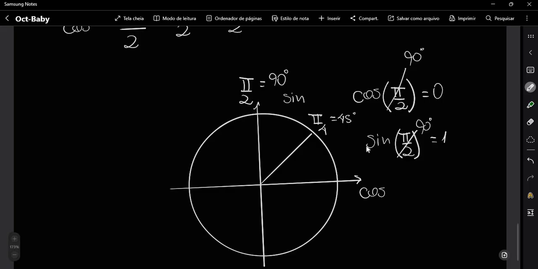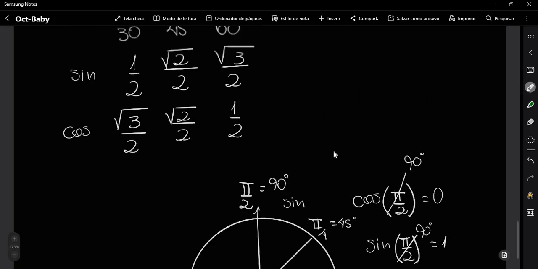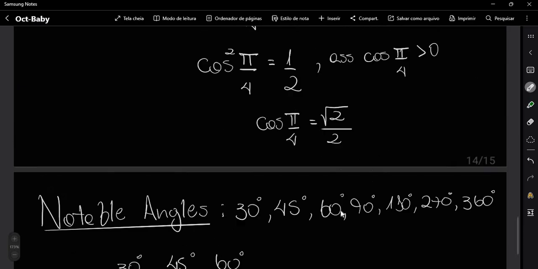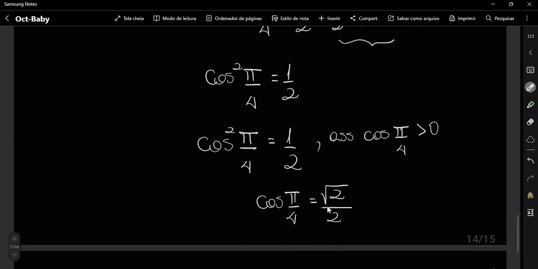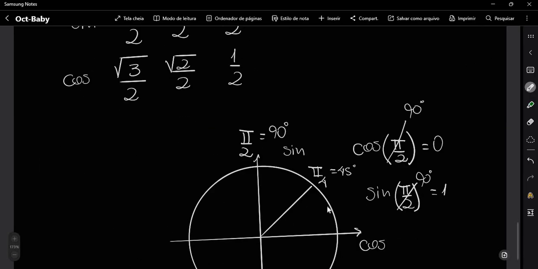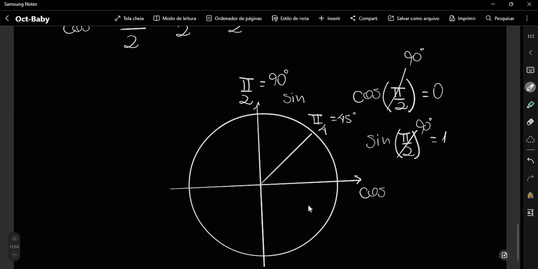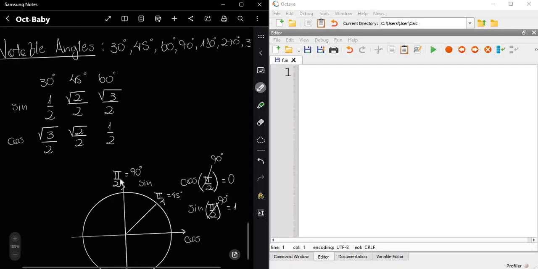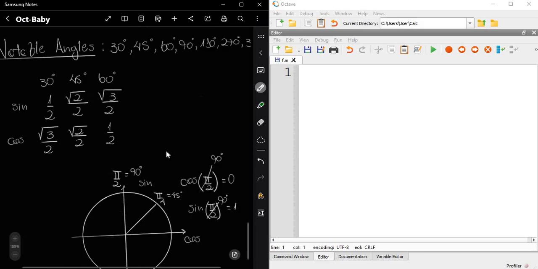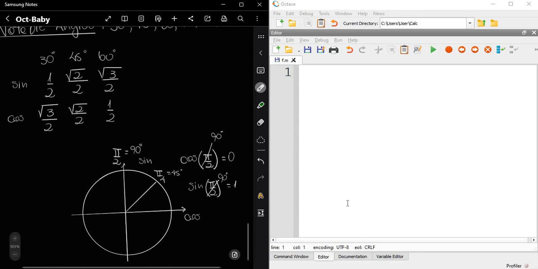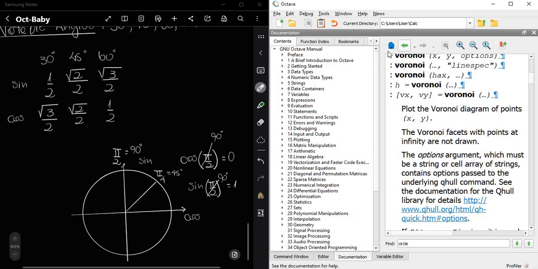Okay, now let's try to see what we can do using Octave. Let's plot a cosine function on Octave. Now we are here on Octave, and first, a very nice resource from Octave is the documentation.